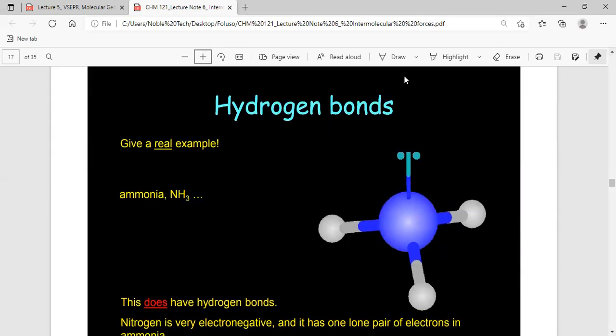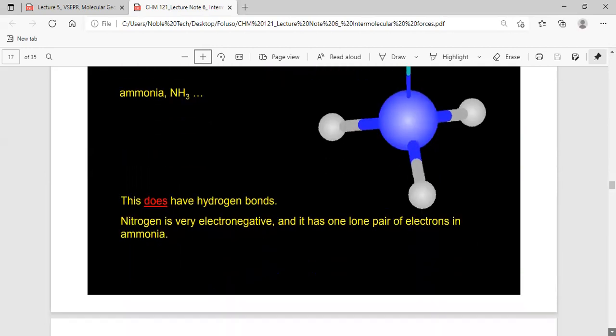Now, in ammonia, there is hydrogen bond. One, because of the lone pair, because we have said that the lone pair of electrons on the central atom that hydrogen is attached to plays a role in hydrogen bond.